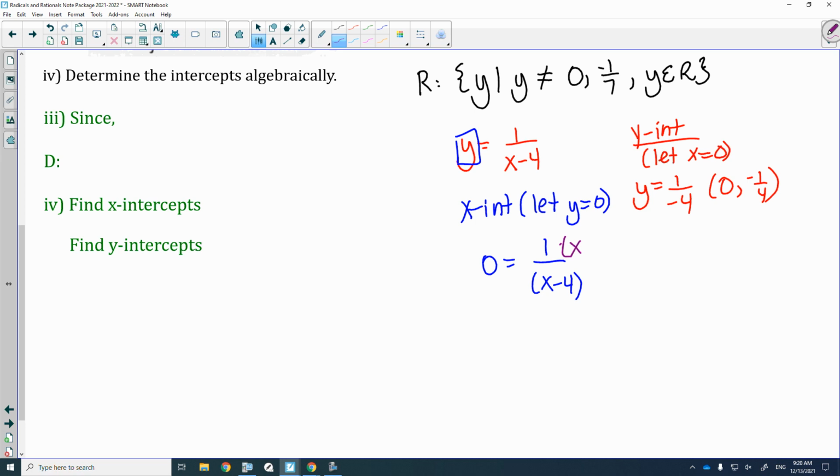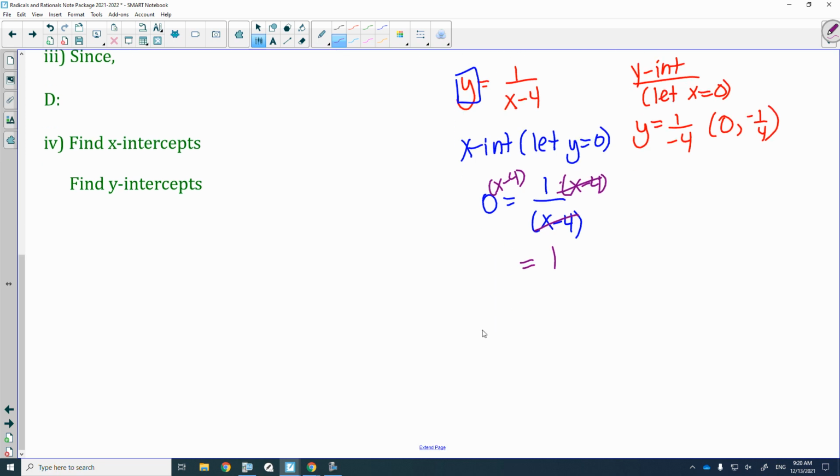Something's going to happen. X minus 4, x minus 4. This will cancel and give me a 1. You know what would happen over here? If I've got 0 times x minus 4, what would be on the left-hand side? 0. This is not true. So what that means is there's no x-intercept.